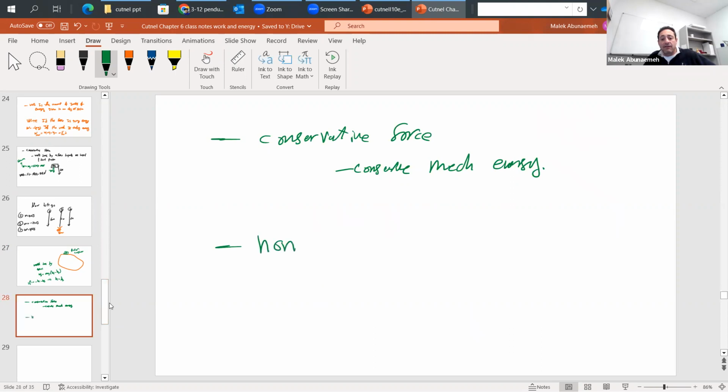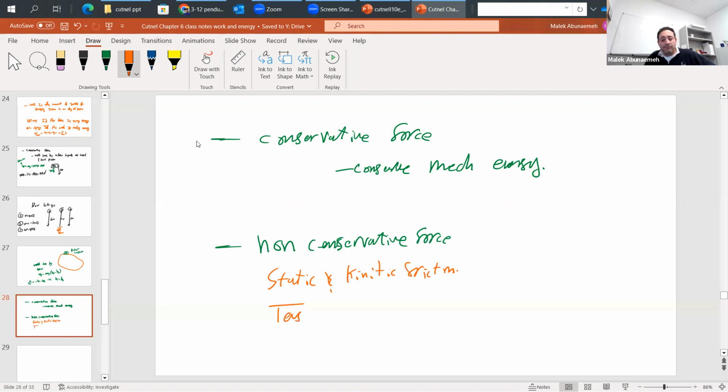When you talk about non-conservative force, we're talking about your static and kinetic friction, your tension, your normal force, etc. All of these do not conserve mechanical energy.